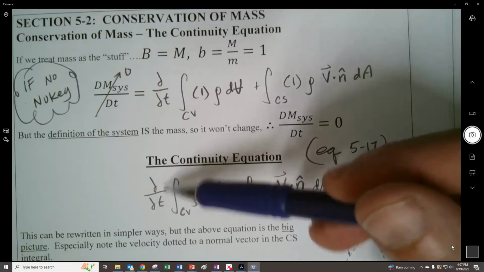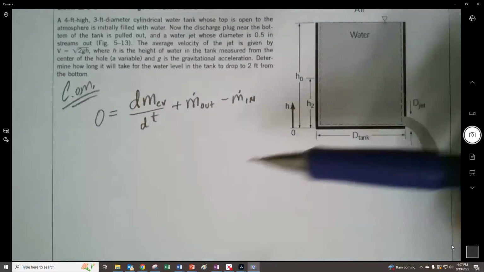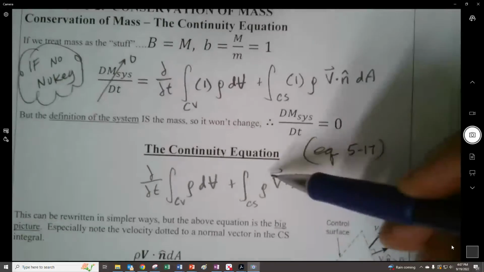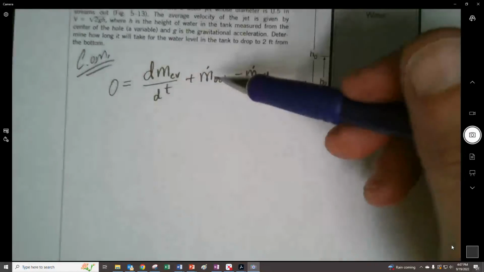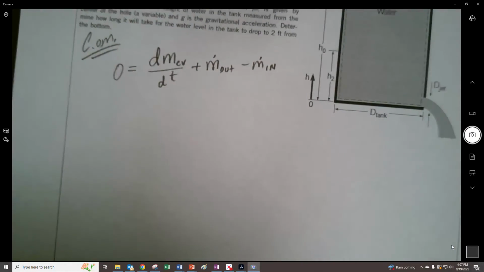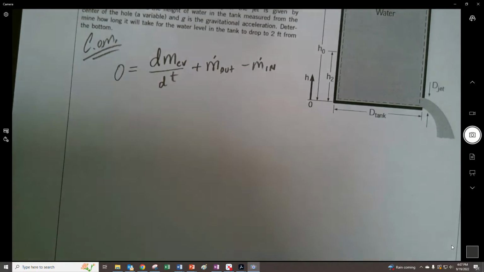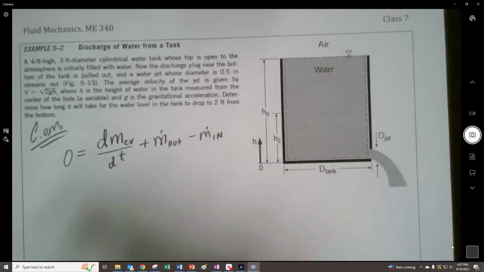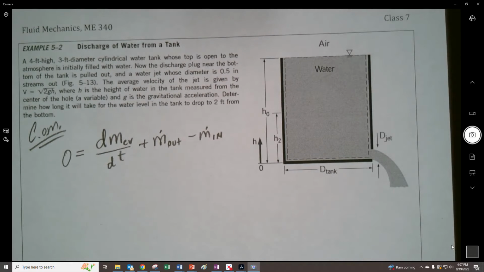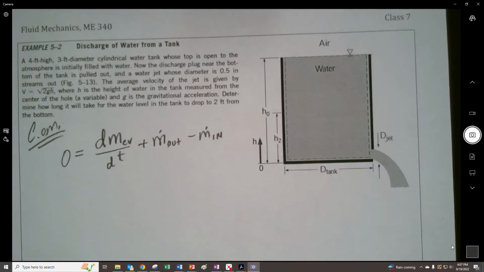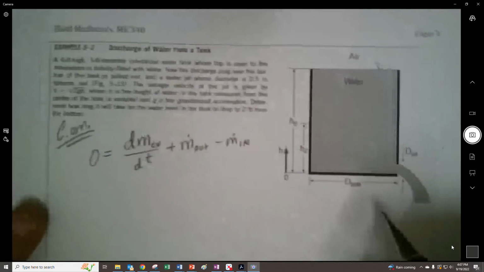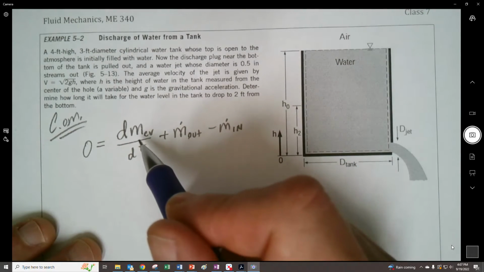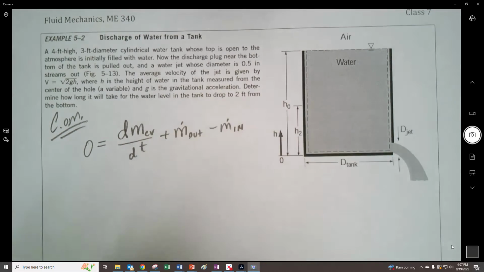This right here represents this portion, whereas this right here represents these two portions of the mass flow. But because this control volume is actually changing with time, that's why we write the equation out that way. And my paper's all in different order now. Great.